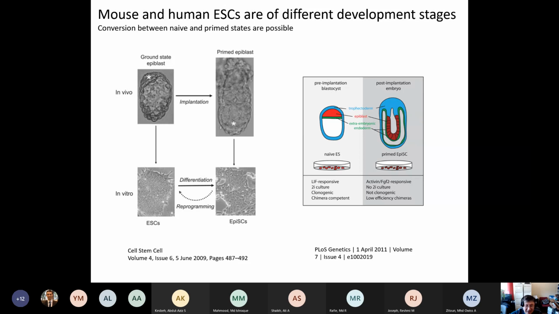Why do I bother to tell you all this? It's because scientists are trying to improve the quality of human embryonic stem cells. They're trying to somehow get cells to go back to the ground state. They're still developing ways so that you can maintain the integrity of those cells.